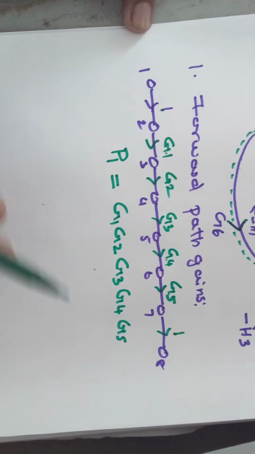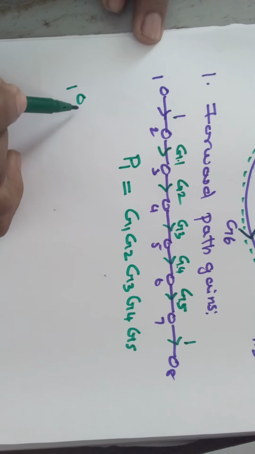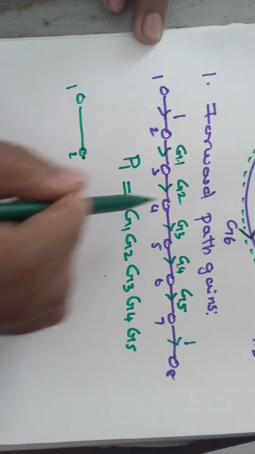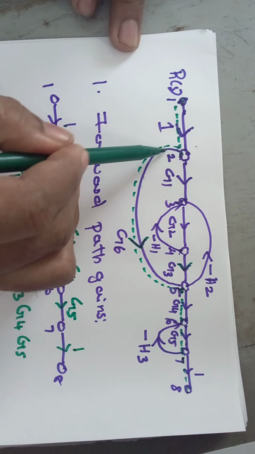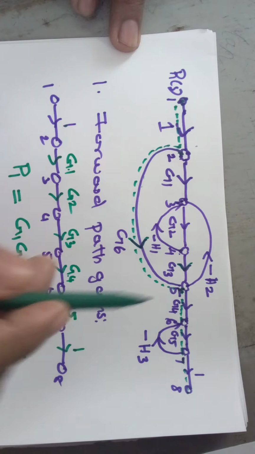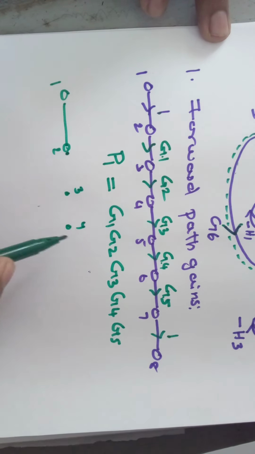See here, I am drawing this forward path again. Node number 1, next node number 2, and it is not touching node number 3 and 4. It travels from node number 2 to 5. Node number 3 is simply there, node number 4 is also there.